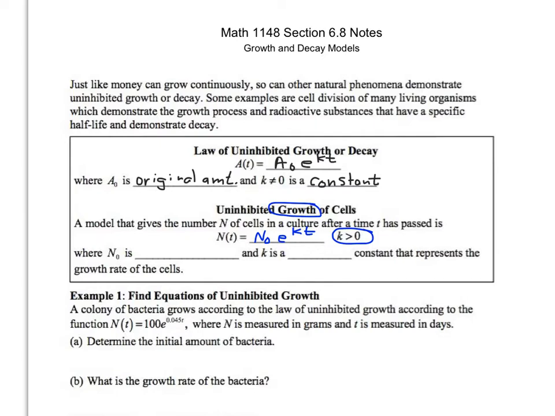And again, N sub 0 is going to be the initial number of cells, so how many cells you start with, and then k is going to be some kind of positive constant. So as these things start growing, you get more and more cells, and they basically grow uninhibited. You can think of cells or bacteria just keep growing and growing and growing.